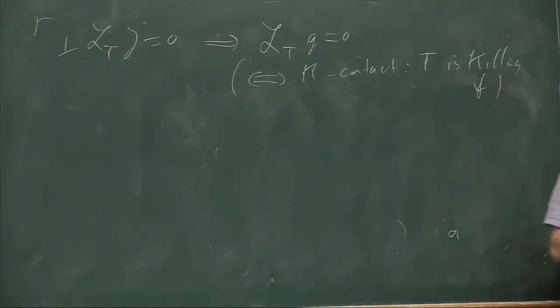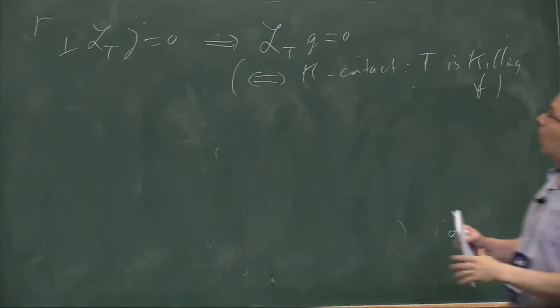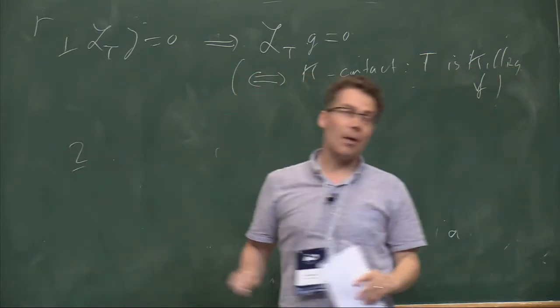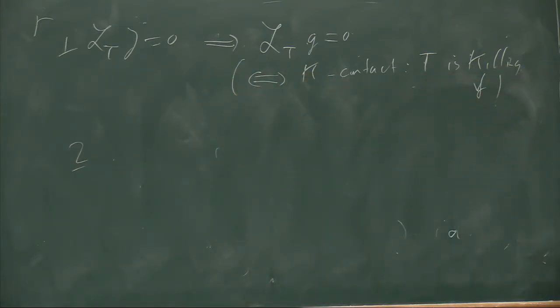So something is called K-contact if the associated Reeb vector field is a Killing vector field. Yeah, everywhere. If it's somewhere 0, then it means nothing.